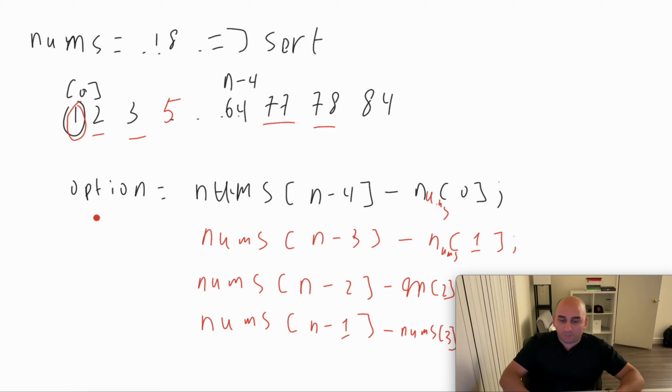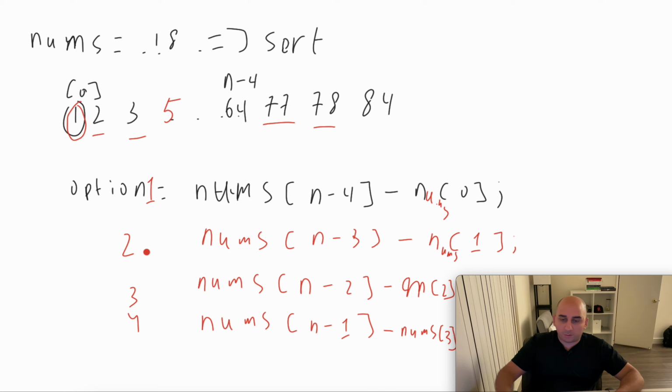That's it. So we have these 4 options: option 1, option 2, 3, 4. After getting all these options, we need to find the minimum of these 4 values, and that would give us the minimum difference in 3 moves. Okay, that's it.